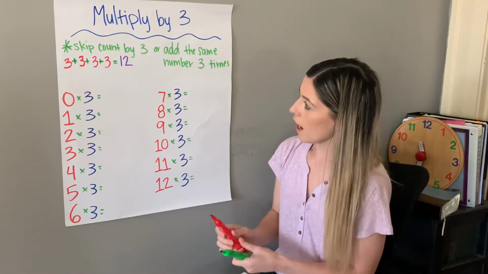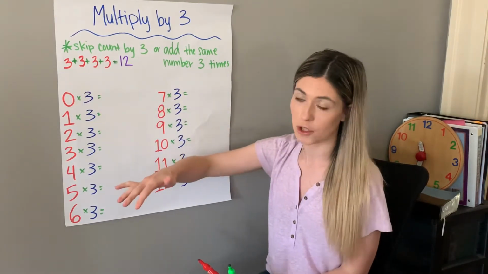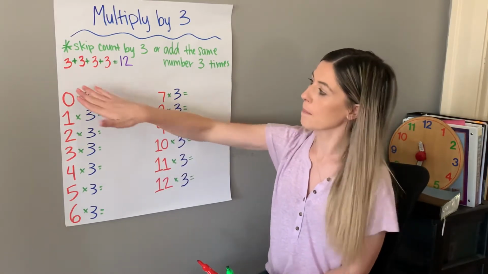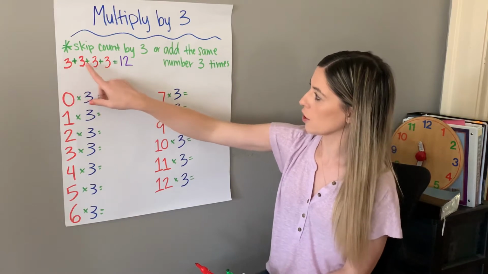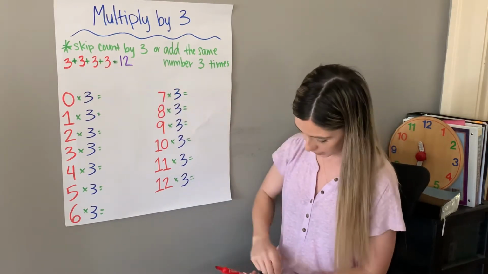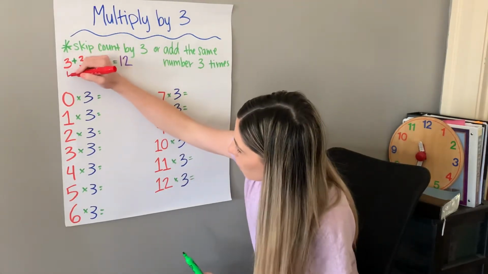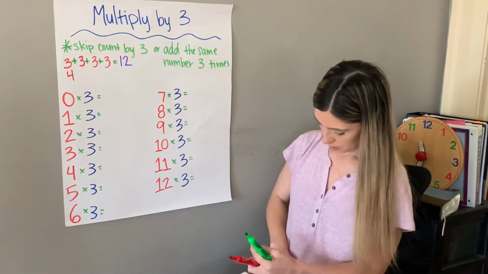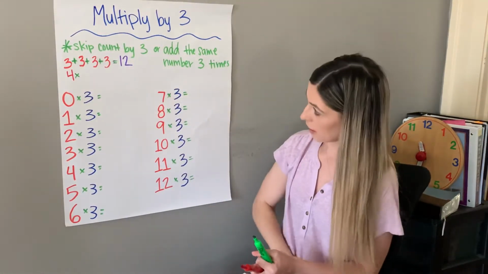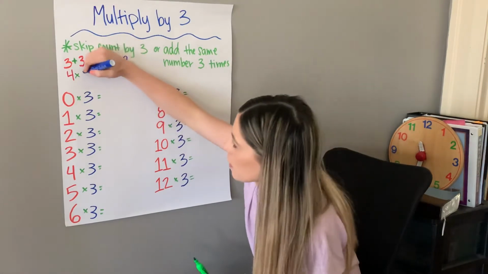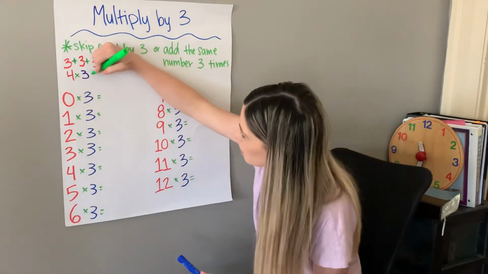So 3 is the number that stays the same, so I'm going to multiply by 3. But how many 3s are there? 1, 2, 3, 4. There's 4 3s. So I'm going to write 4 times 3, my number that's repeated, equals.